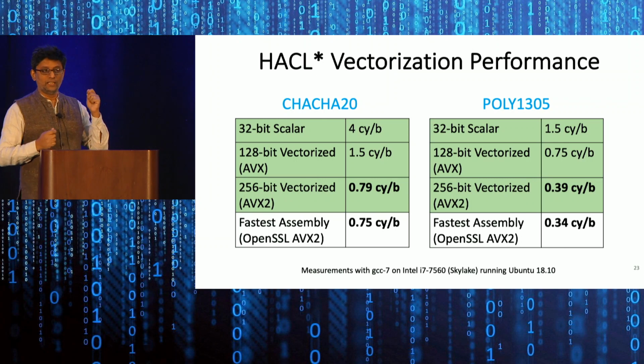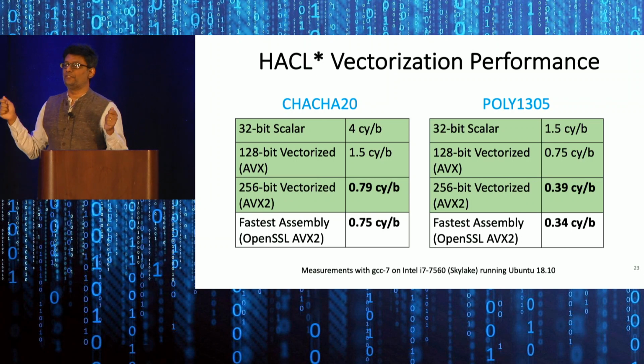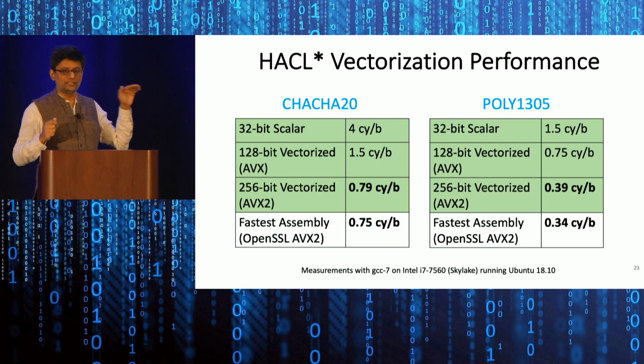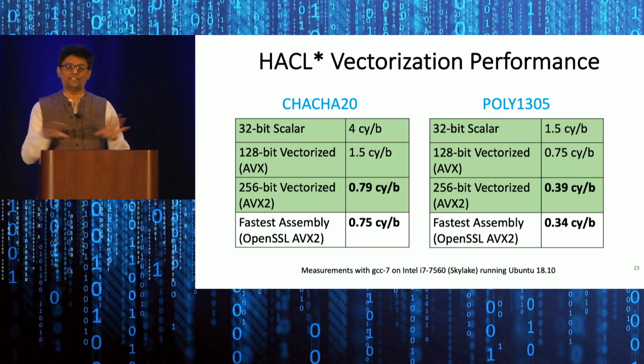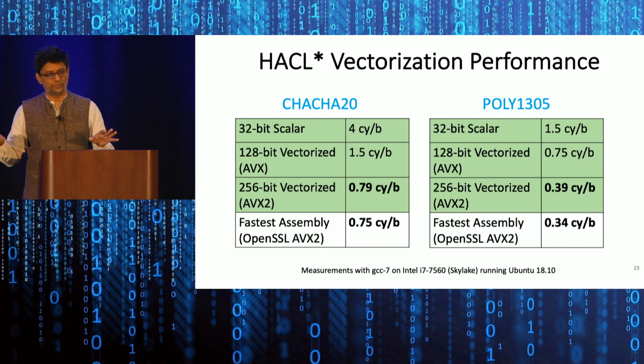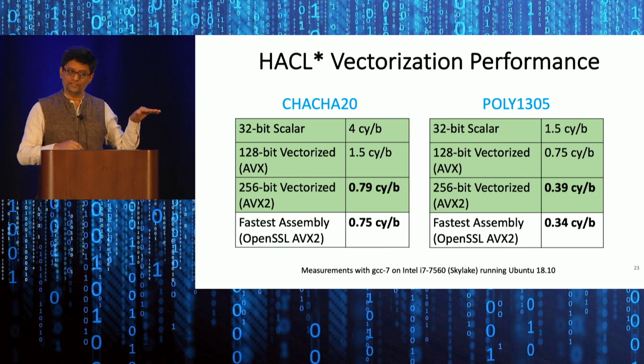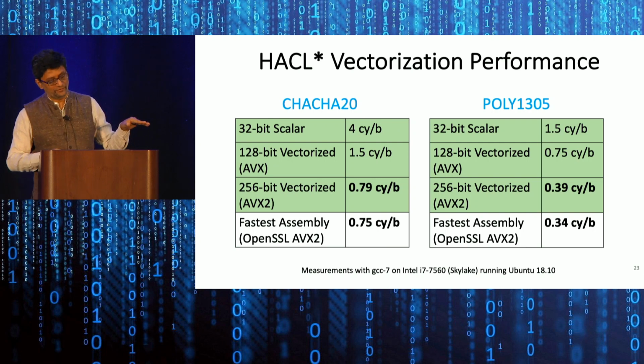Well, what we get is we spit out 3 different implementations for ChaCha and 3 different implementations for Poly from the same implementation. The scalar 32-bit code that we get out from here is as fast as handwritten C code, so that's not a problem that you can see from anywhere. The 128-bit code is significantly faster. The 256-bit code is significantly faster.